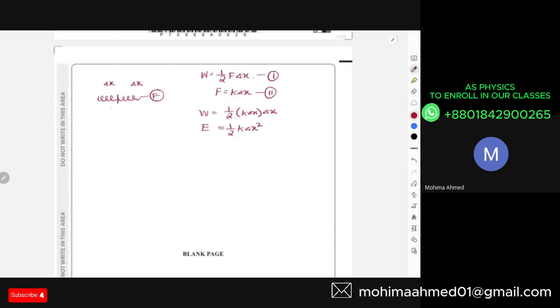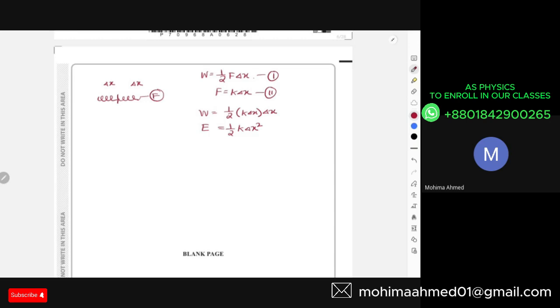Now in this case, the same amount of force is acting on both the springs, and because of the same amount of force, now I'm getting how much extension? Twice the extension, right? So for twice the extension, the value for your E also, just 1 minute.